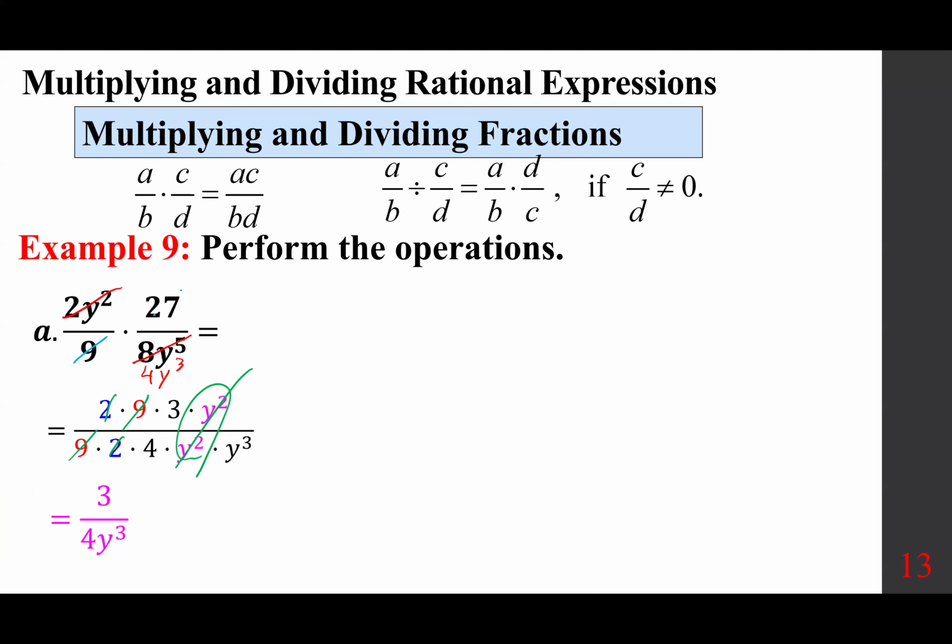You drop the 9, you change the 27 to 3, and right here, you have the answer. So I think, to me, that's easier, but it's your choice, okay? Just want to make sure that no one has any problem with that.